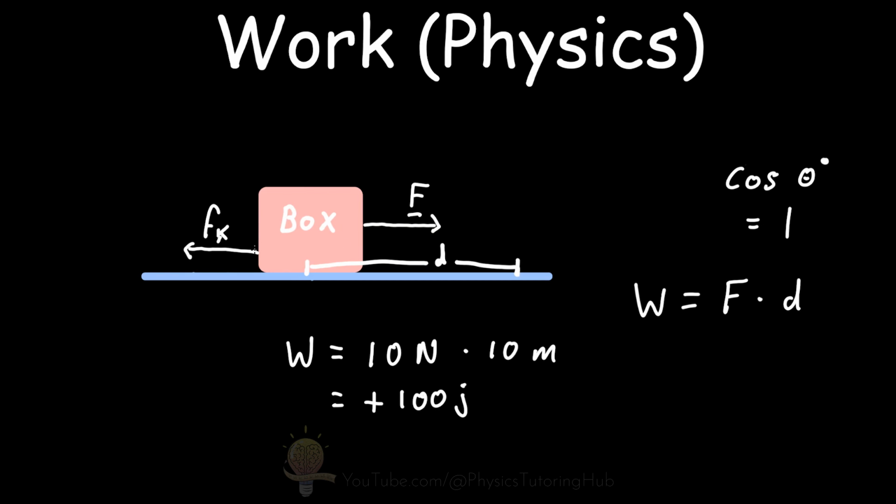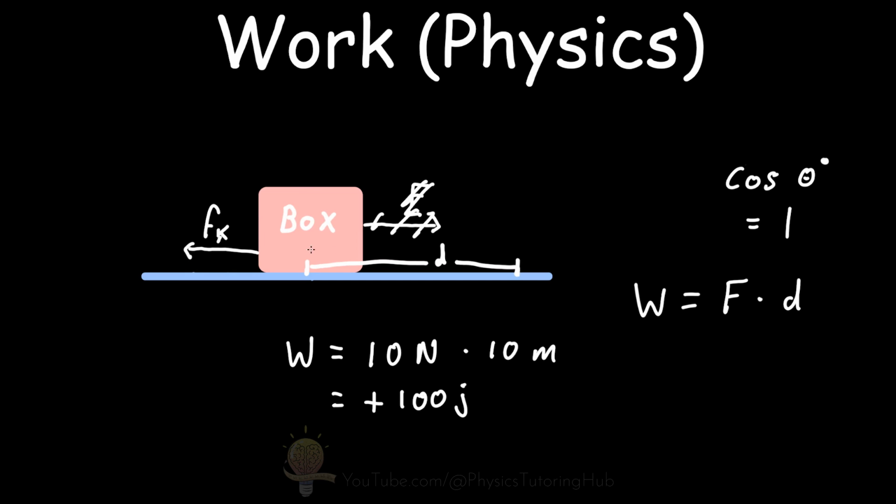But the friction is trying to take energy away from this system. In other words, if we remove this force, so we no longer have this force pulling or pushing at the box, and this box is in motion, the friction will eventually slow this box down. And as it's slowing this box down, it is removing energy from this box.